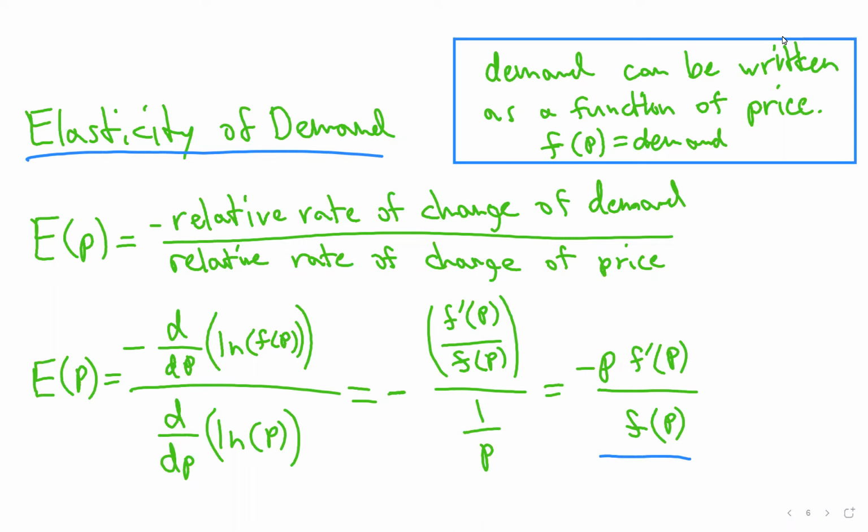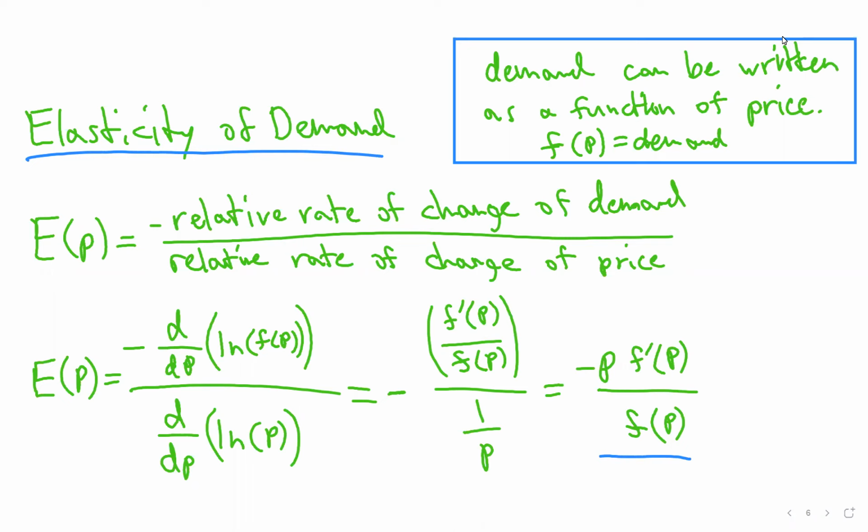We also have a denominator here, which is the derivative of ln of p with respect to p. So the whole E of p can be said as negative the derivative with respect to p of ln of f of p, all over the derivative with respect to p of ln of p. Again, that's a mouthful, but that's how it looks.